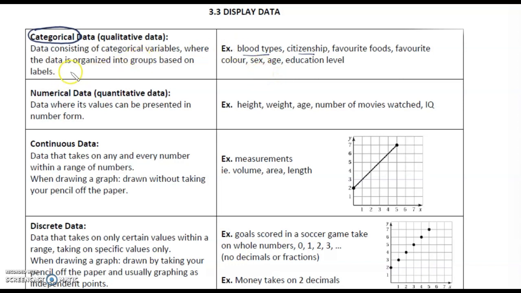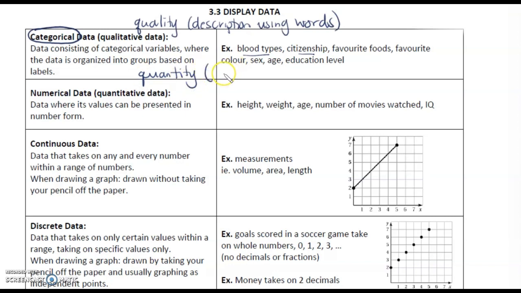Okay, now numerical data. This is quantitative data, right? So when you think qualitative, you think quality. Okay, this is a description of something using words, right? Using words. And when you think quantitative data, you think quantity.